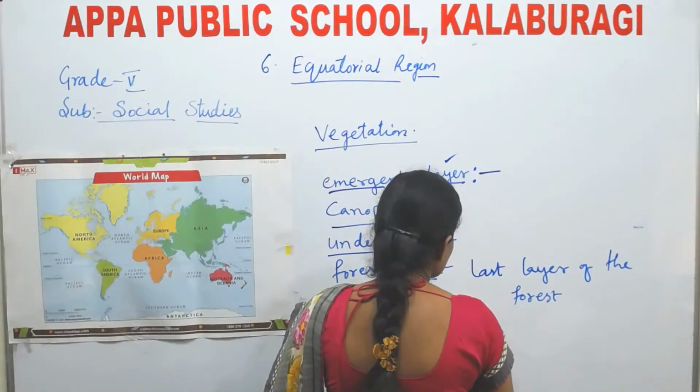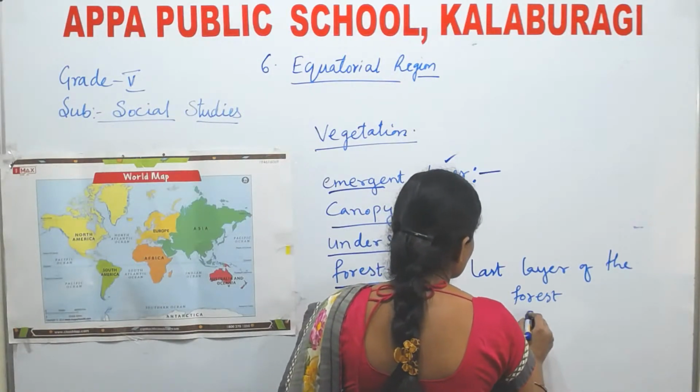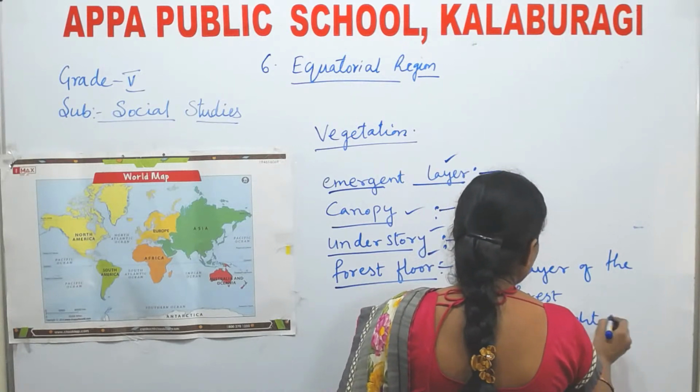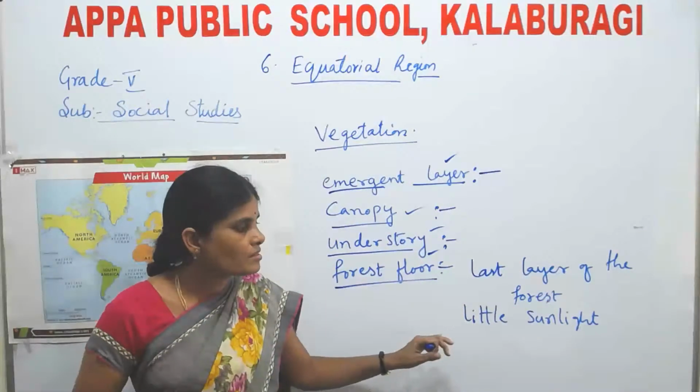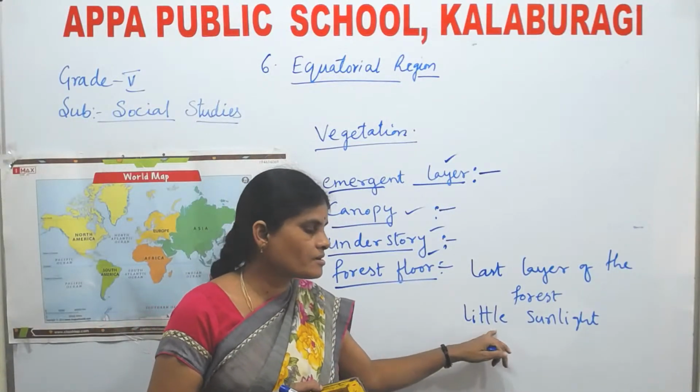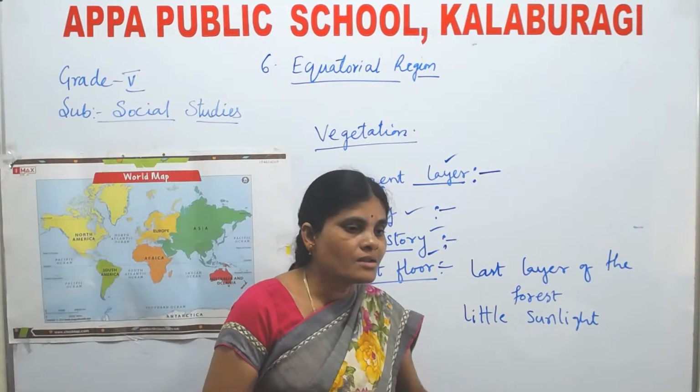This layer receives very little sunlight. Why? Because of the dense vegetation, this layer receives very little sunlight.